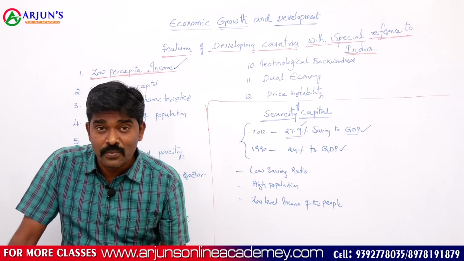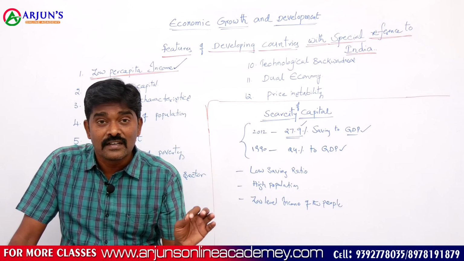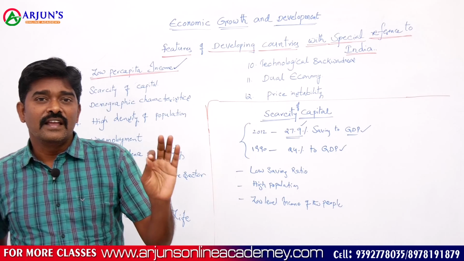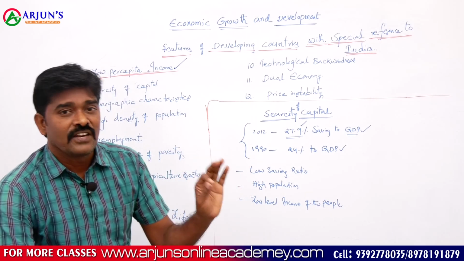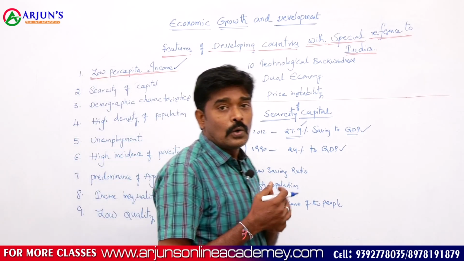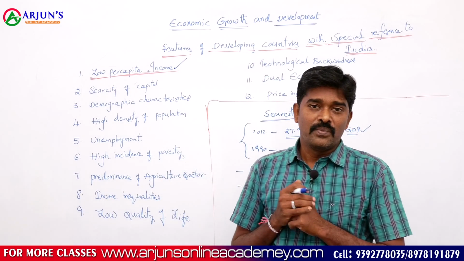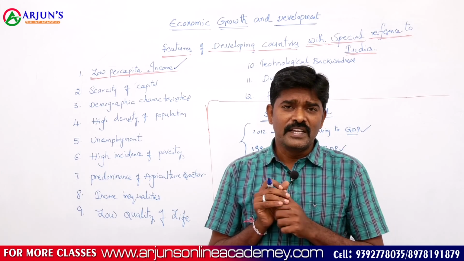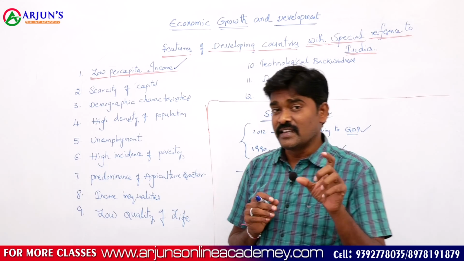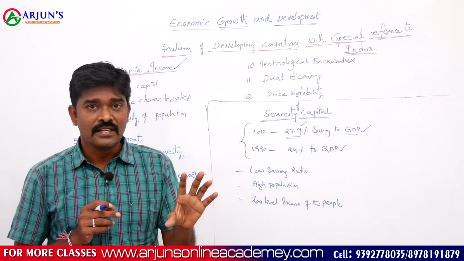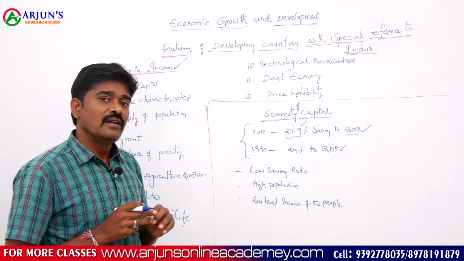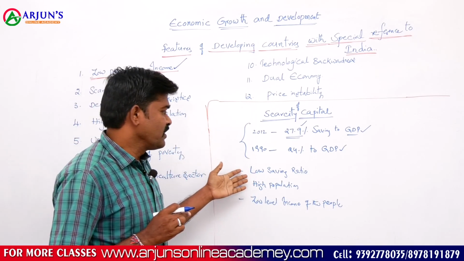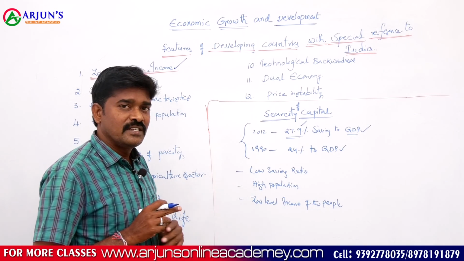In developed countries, the role of agriculture in providing employment is very low; the industrial and service sectors play a vital role. Only a very low percent of the population depends on agriculture in developed countries, but in developing economies the majority of people are from the agriculture sector. Their saving ratio is very low and population pressure is very high.